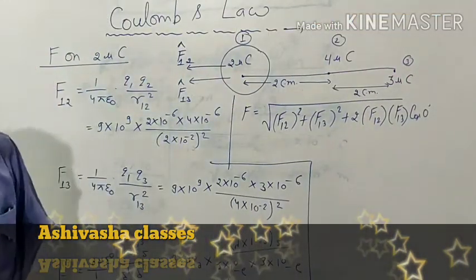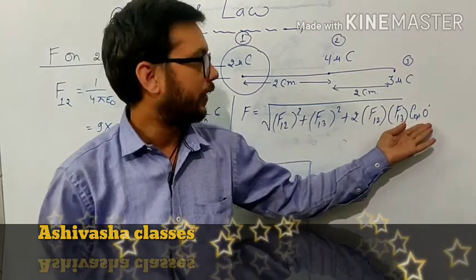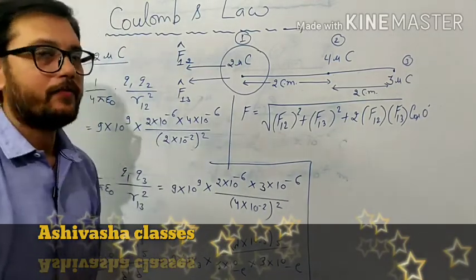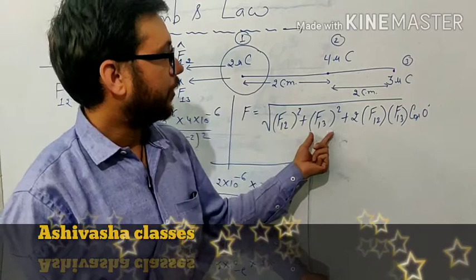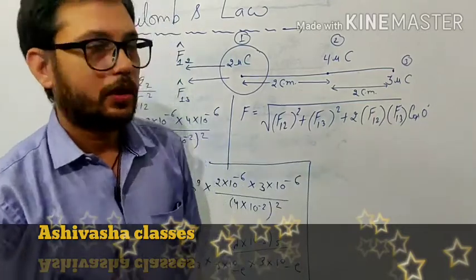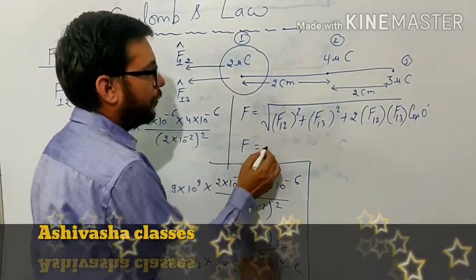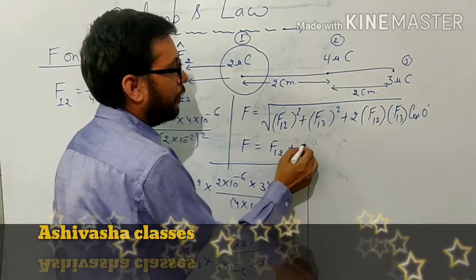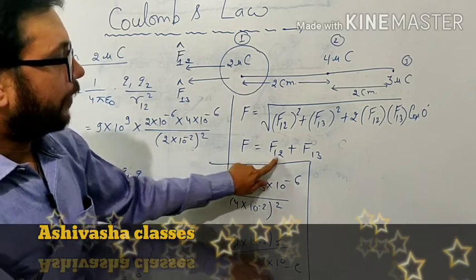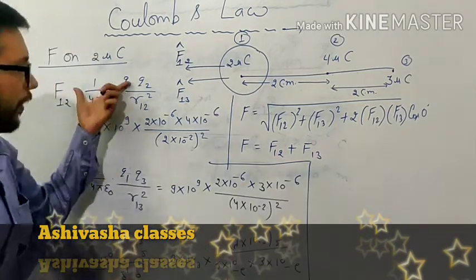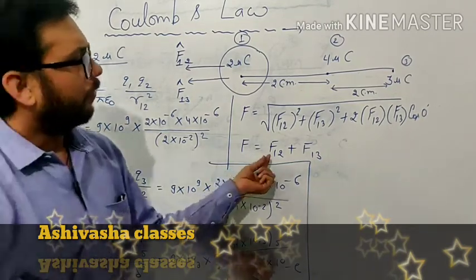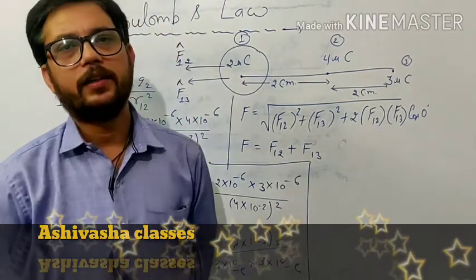So the angle is 0 degree, so the resultant will be like this, cos 0 degree, and we know the value of cos 0 degree is 1, so it will be a square plus b square plus 2ab, and this whole is under root. So simply we can write F will be nothing but equal to F12 plus F13. We know the values of F12 and F13, which we have already calculated. This is F12, this is F13. So now when we place these two values here, then we get the answer.